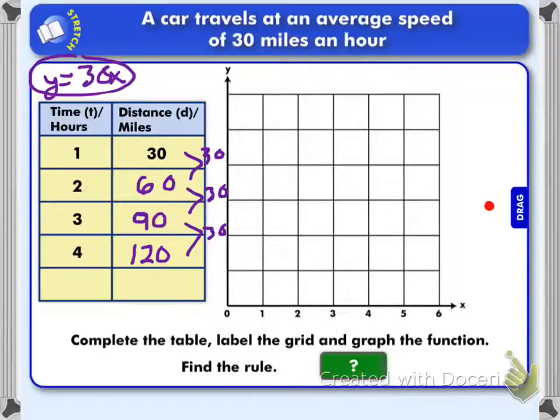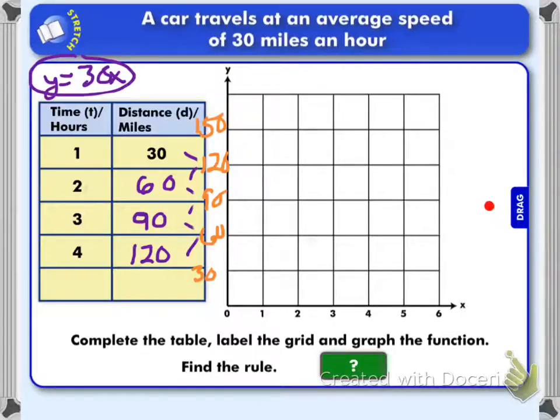So then if I wanted to graph this, I would need to make sure that I mark what each value is going to be. So this is going to be 30. We're just going to go up here by 30s to make our graph easiest.